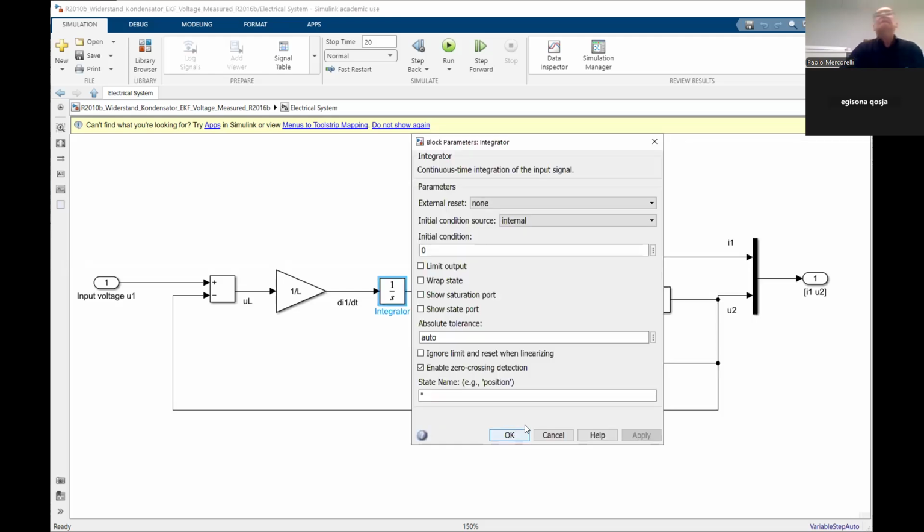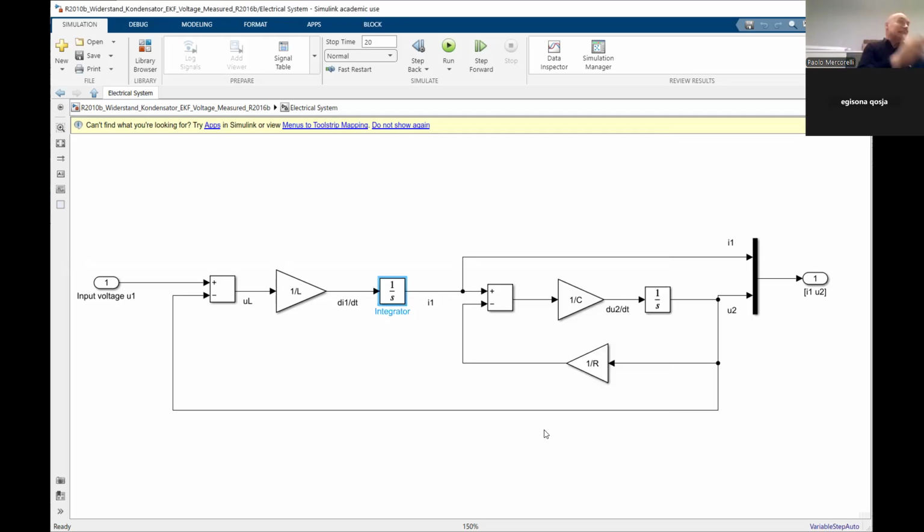This makes sense because I am considering that I am starting with the observer exactly when I start with the input. Of course, the capacitance and the inductance are not necessarily at the initial condition 0, but I can suppose it's almost 0.